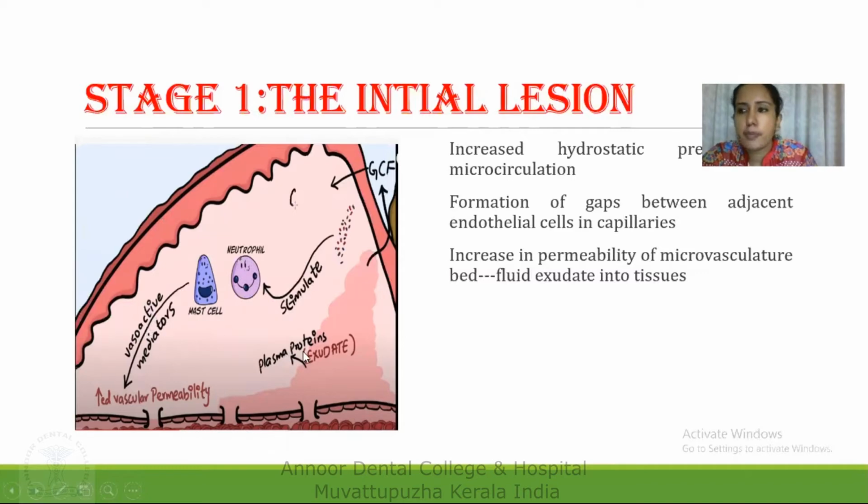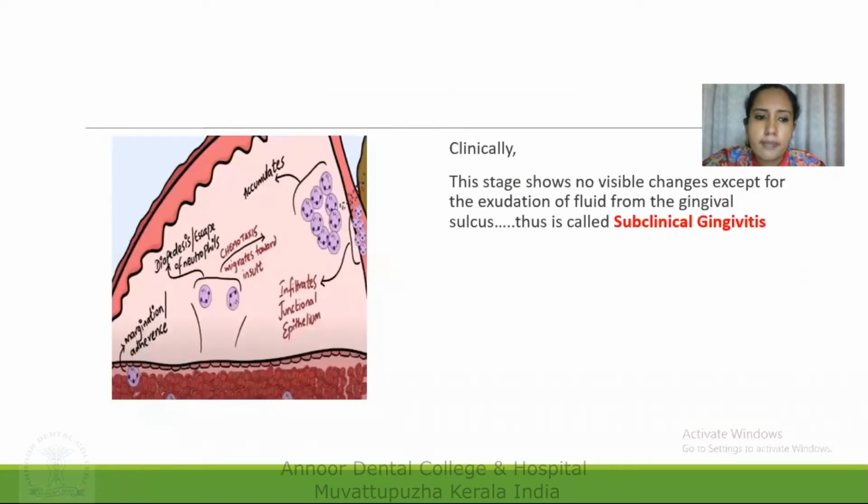This is called the exudate, and it escapes through the sulcus as the GCF. So there is an escape of the plasma proteins through the sulcus as the GCF, that is gingival crevicular fluid. Now coming to the next picture.